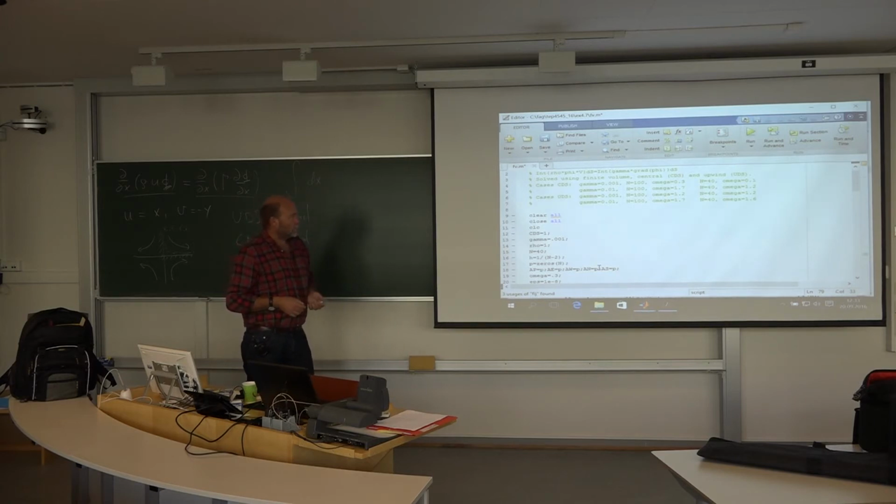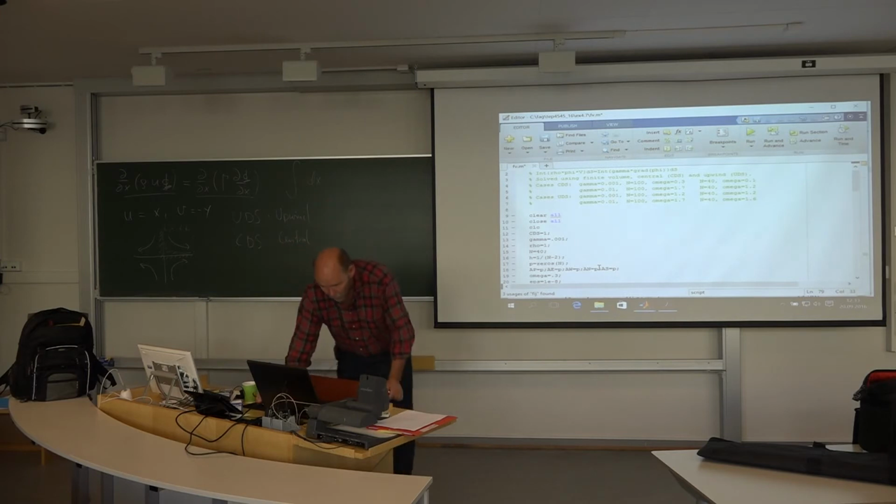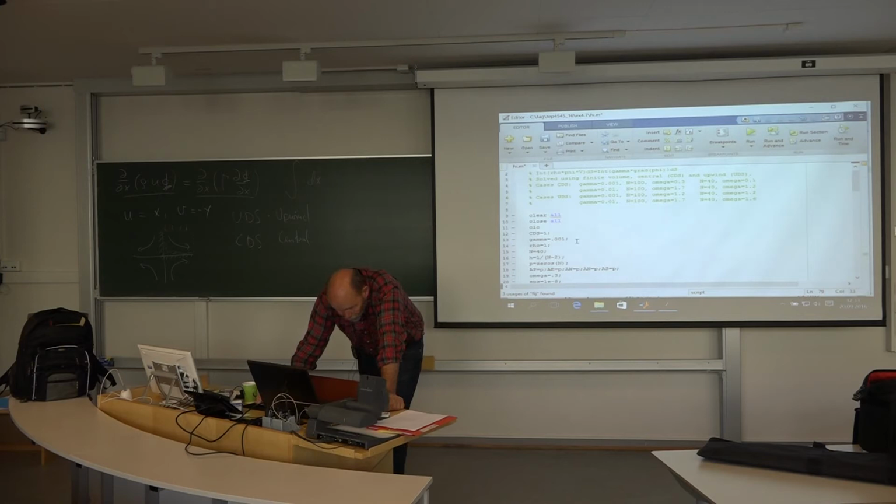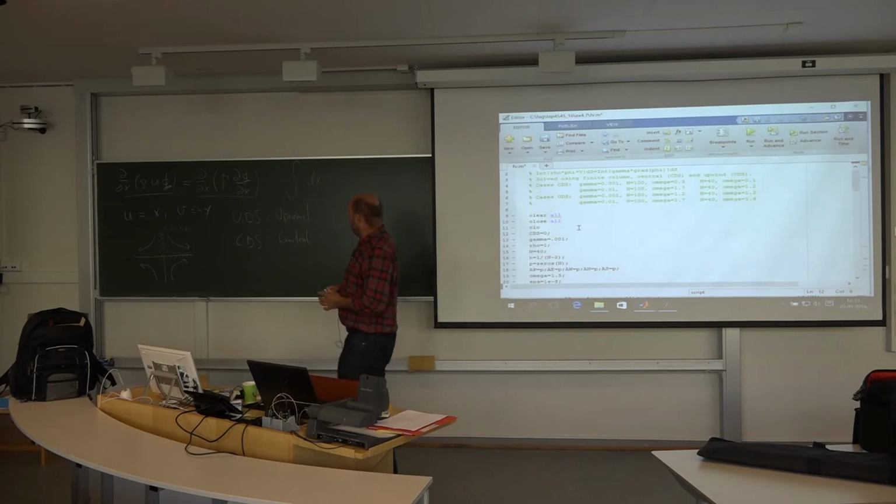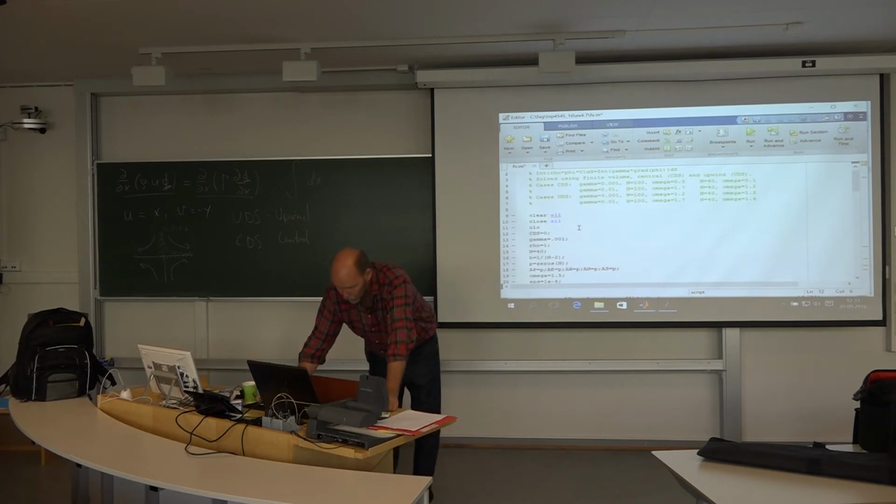So, okay, let's try. We have a 40 by 40 case, and gamma 1/1000. And for my omega, we can start with 1.5, something like that. And now I choose the upwind scheme. It's more stable, should be easier to solve.